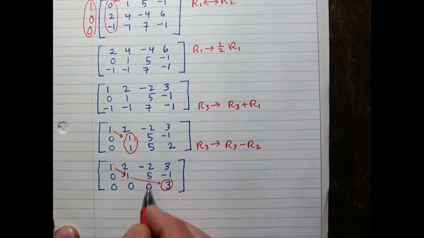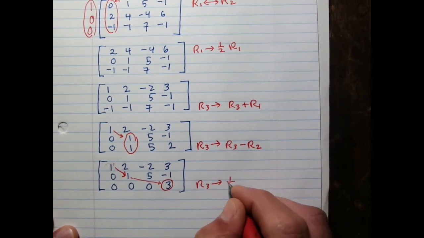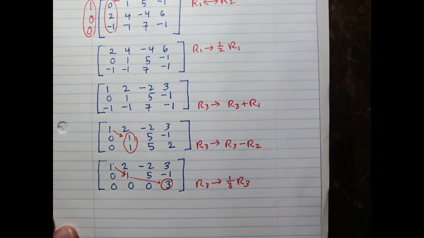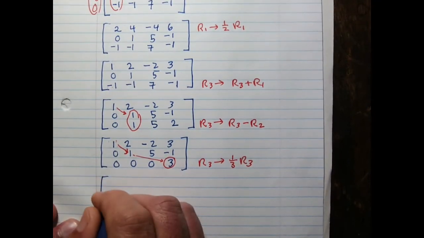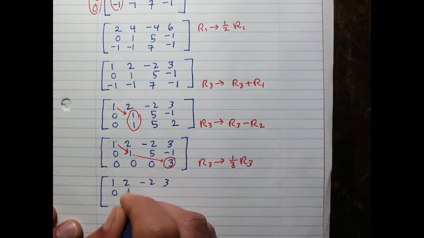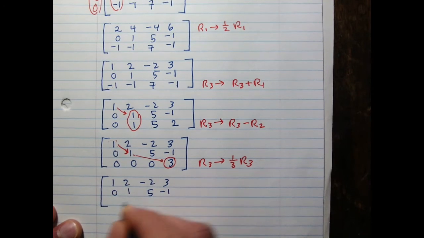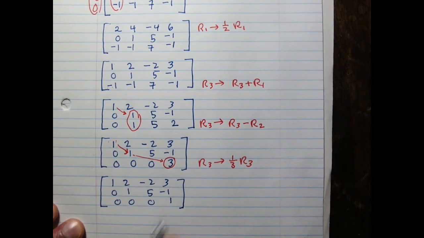I'm going to bypass that third column because there's a 0 in that position. I move over until I hit the first non-zero number. And so row 3, I'm just going to replace with 1/3 row 3 to get a 1 in that position. 1, 2, -2, 3, 0, 1, 5, -1, 0, 0, 0, 1. And so we call this our echelon form.